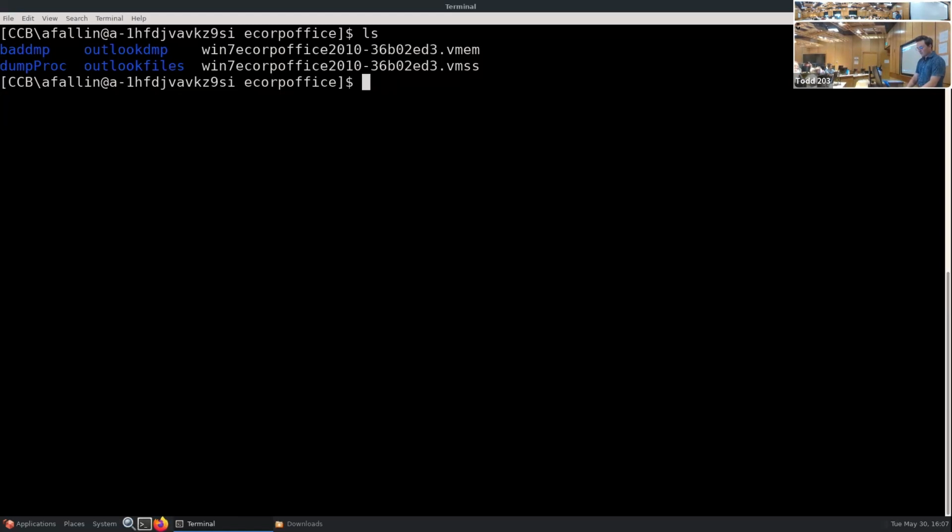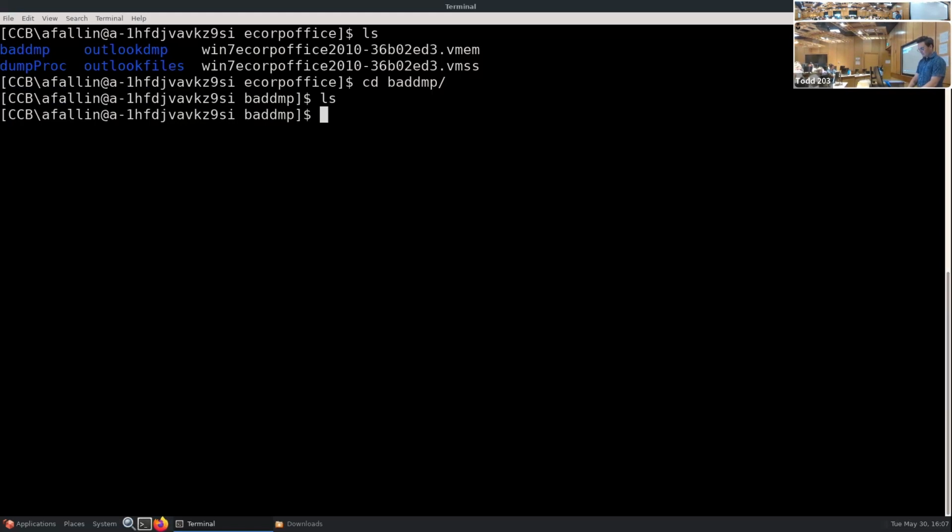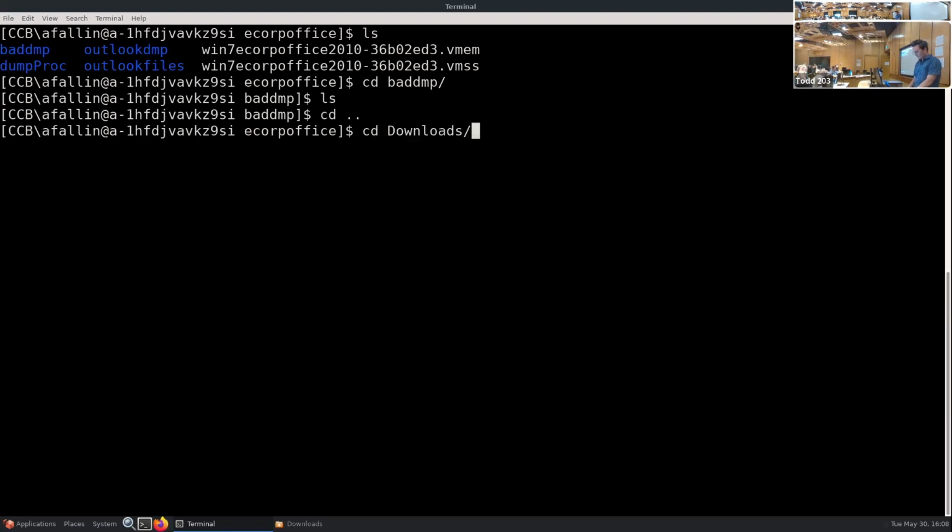Cool. So if we go into that DMP, supposedly there's supposed to be something in there because of our output file. Mine didn't want to do it. Maybe I entered it wrong.